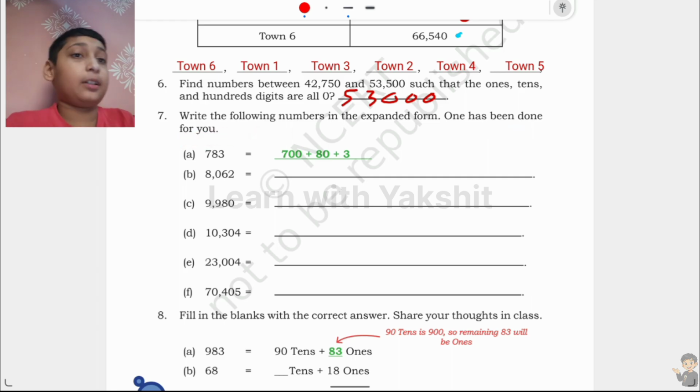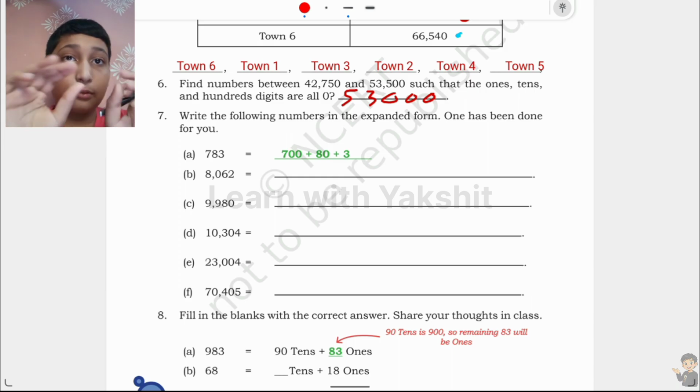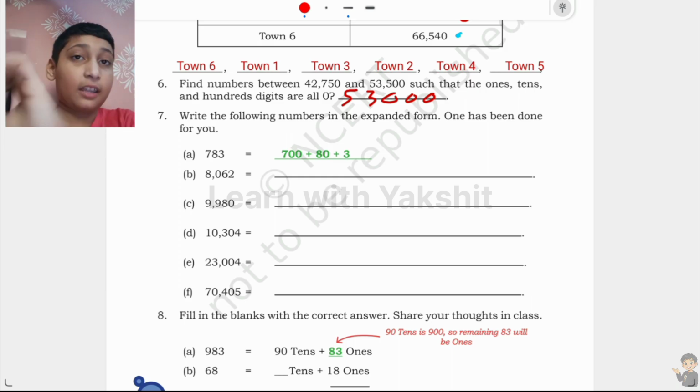If you can't remember expanded form from class 3rd and 4th, you notice that this is a number and we have to break it using plus. It's just to break the ones, tens, hundreds, thousands, 10,000 and so on, and then replace it with the zeros.